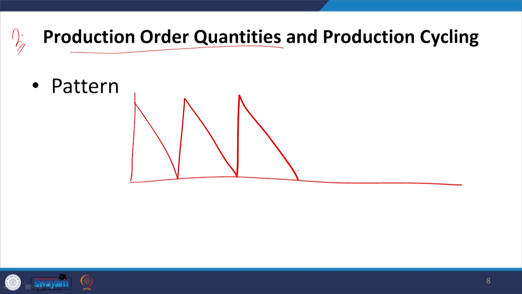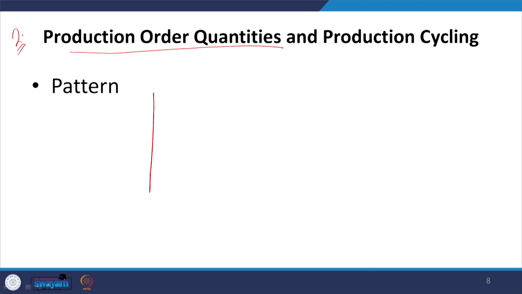The replenishment was a straight line. All these replenishment lines are straight lines, and the consumption lines had some kind of slope. But in this case, you will see that we will not have the straight replenishment lines. Here we are producing and we are consuming also.